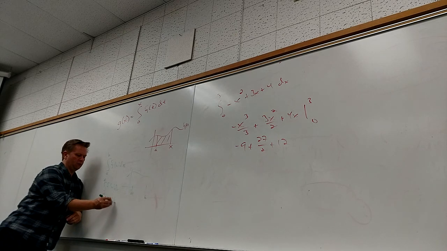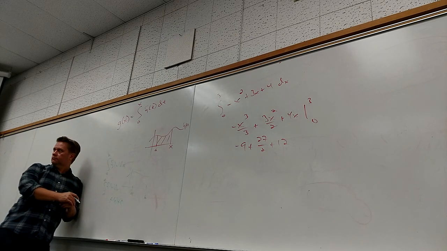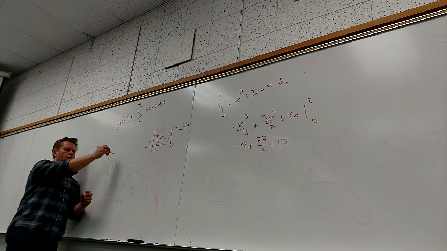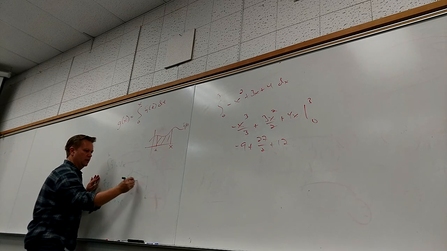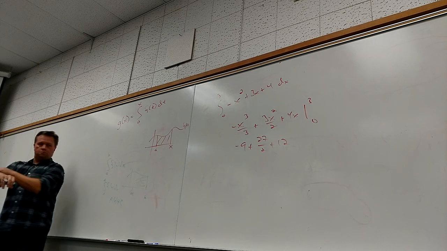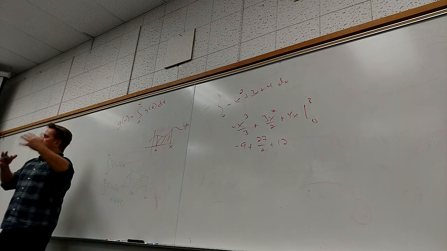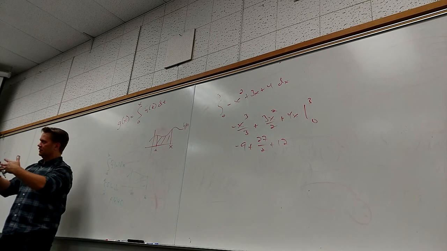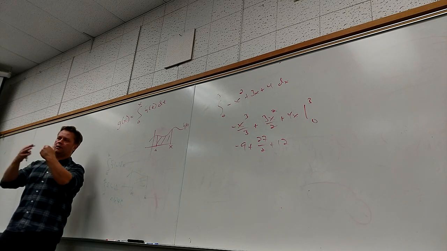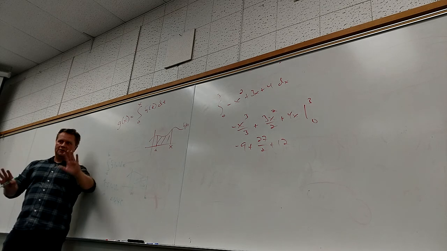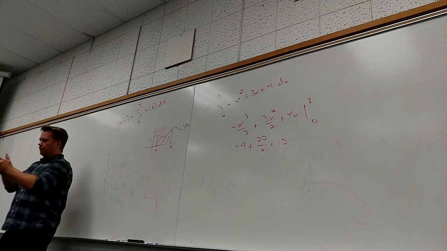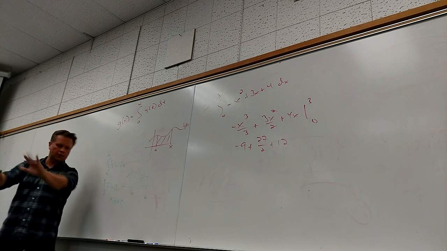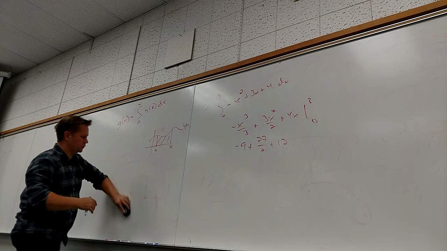So the antiderivative, though, would be plus c, right? Now, up to b would be the area up to b, and the antiderivative up to b would be f of b plus c. But then you take the difference between the two of them, and the c's cancel. Now we're going to get a little deeper into that. I'm trying to do this a little too early. But there is a reason why the c's don't show up when I'm finding a definite integral, a definite area. It's because the two c's would cancel. So we're going to get there.